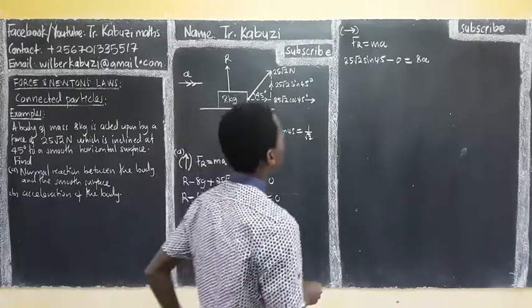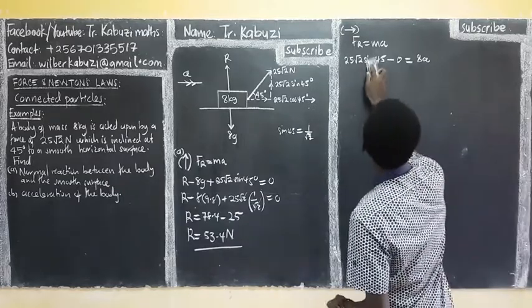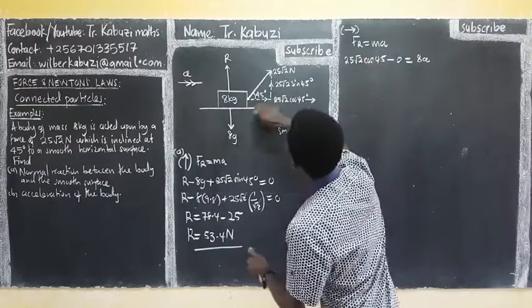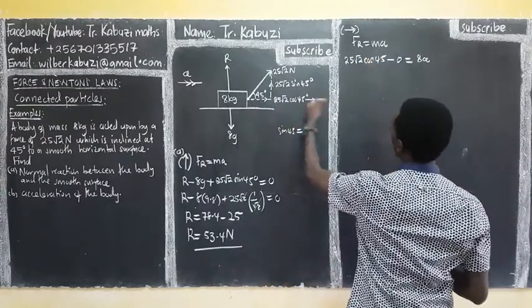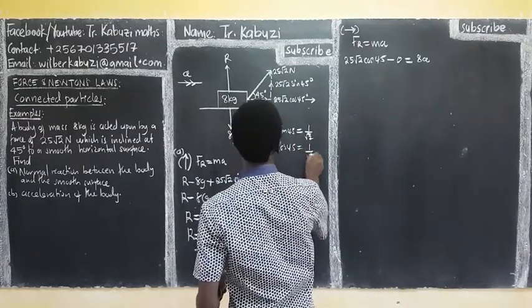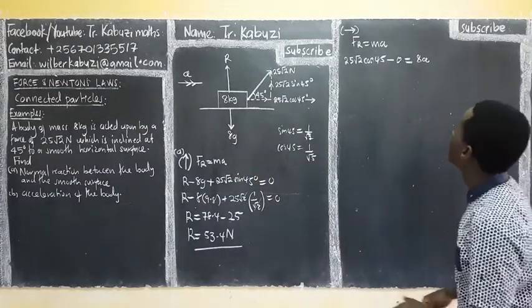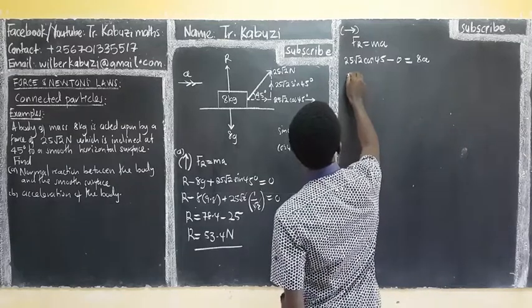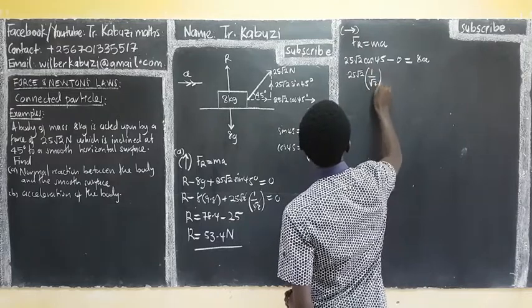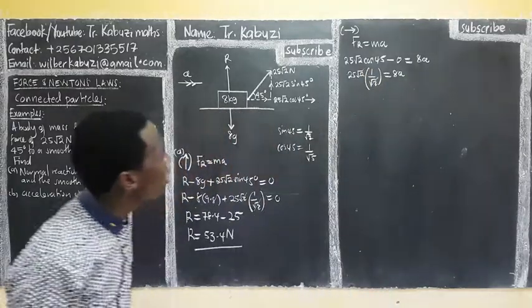Sorry, this is cos 45, not sine. Sorry for that. This is going to be cos 45, and we know that cos 45 is 1 over root 2. These two are equal: cos and sine of 45 are the same. So we have 25 root 2 into cos 45, which is 1 over root 2, equaling 8a. The root 2 vanishes.